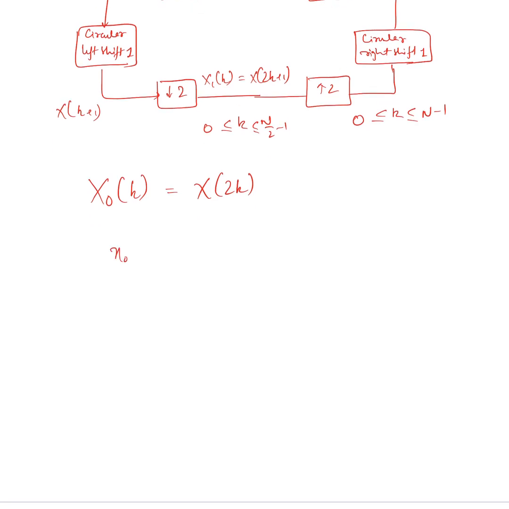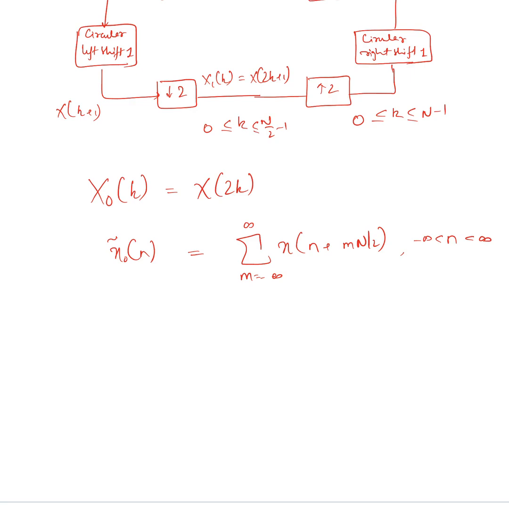So it would be some x0 tilde of n, which you can write as the sum over m from minus infinity to infinity of x of n plus m N by 2, for n lying between minus infinity to infinity.